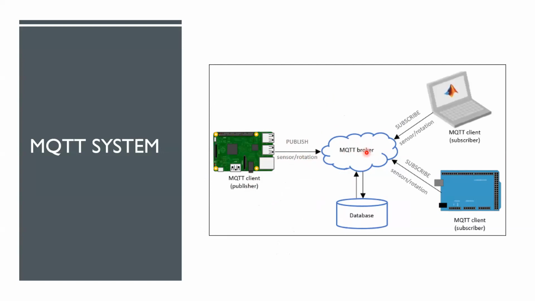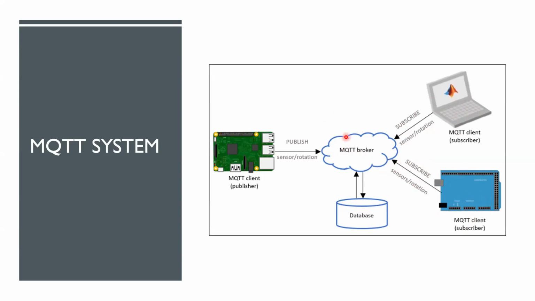The MQTT broker sends this to a database, saves it somewhere, and keeps it for a small amount of time to give it to those subscribers, the subscribers being a laptop maybe with a specific program, taking also this information sent by the publisher, and the same topic is also read by this second subscriber.